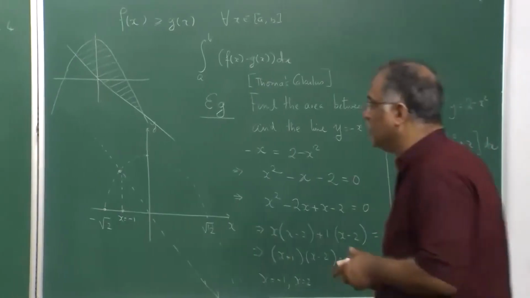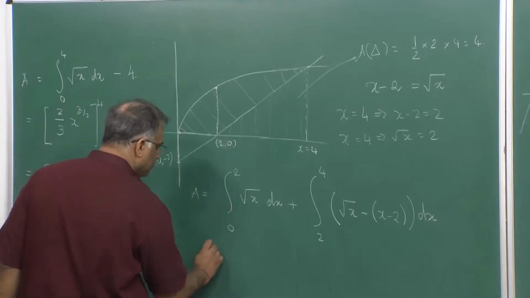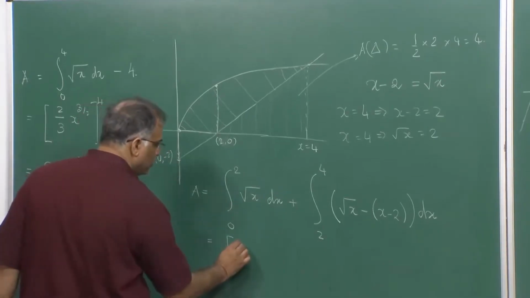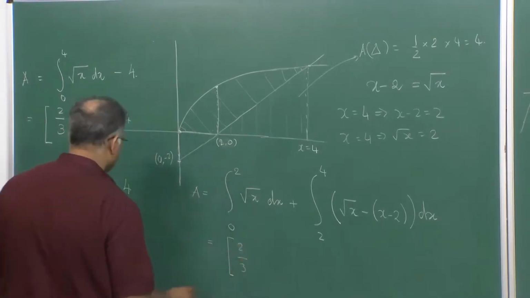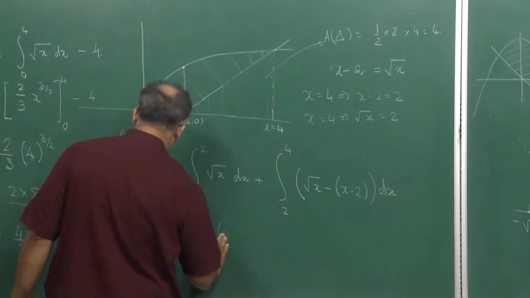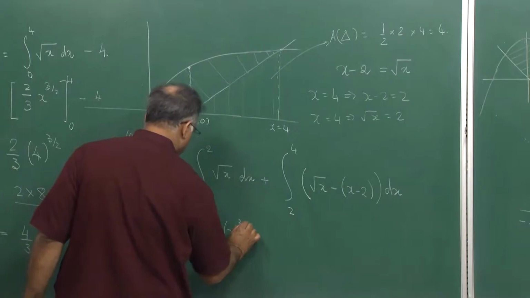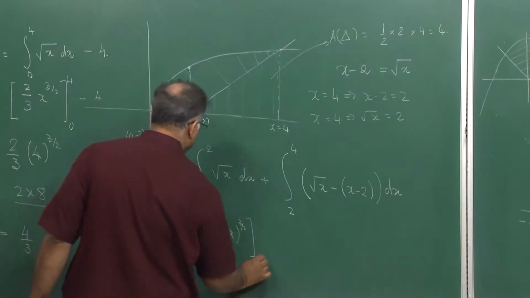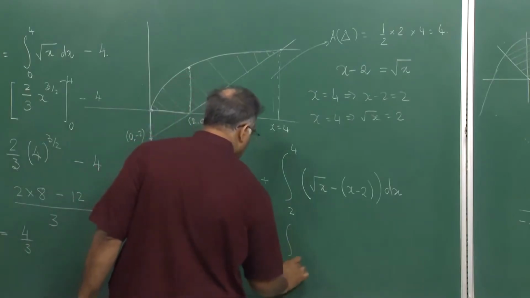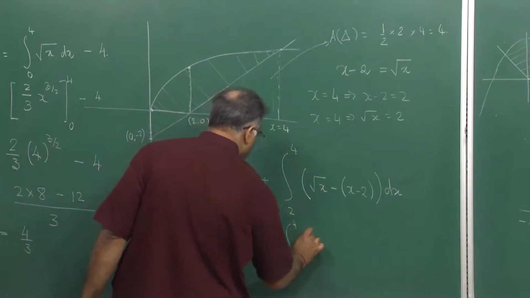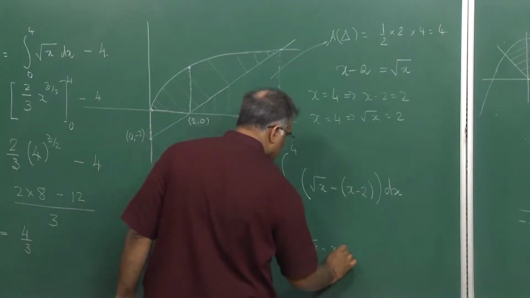So let us make a check. Here it will become 2/3 x to the power 3/2 from 0 to 2, plus the integral from 2 to 4 of root x minus x plus 2.